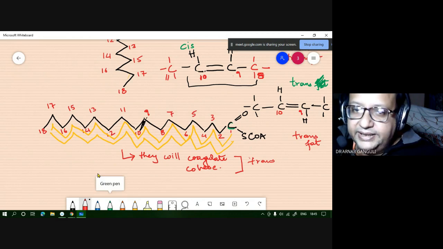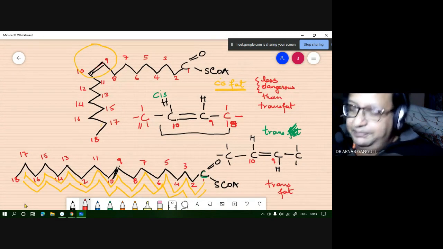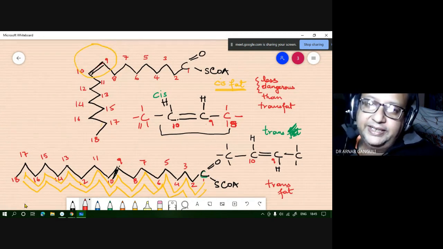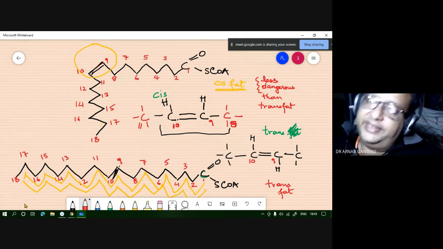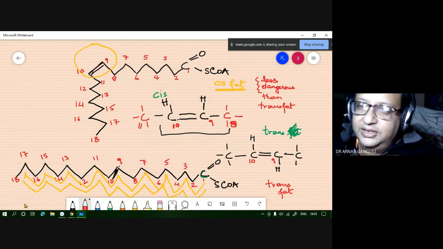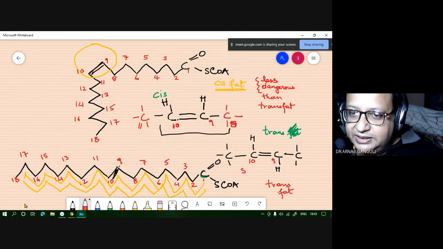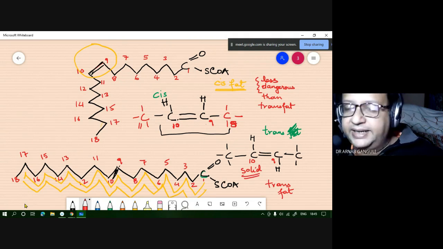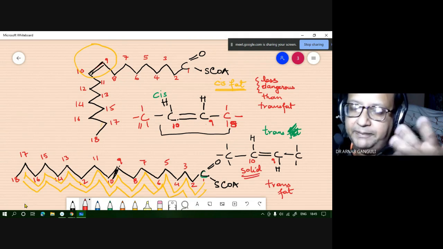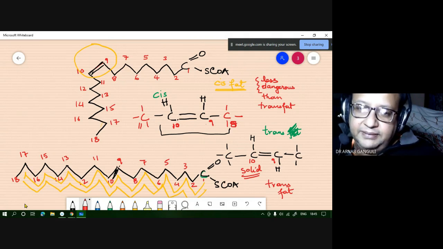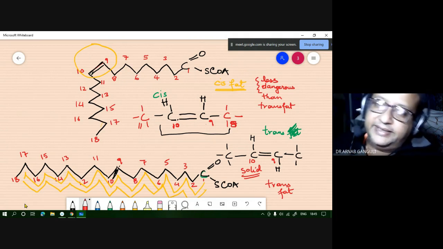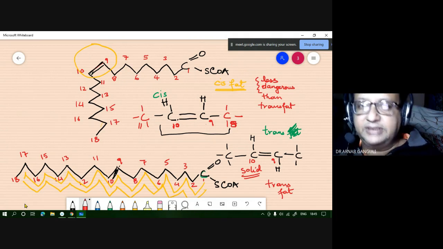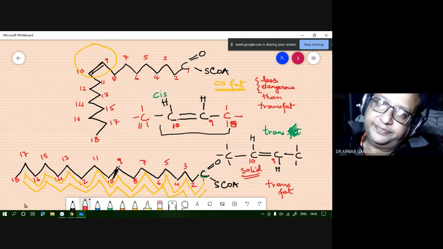But in the case of cis fat, because of this double bond over here, another molecule will not fit. They will not fall into grooves because of this kink over here.